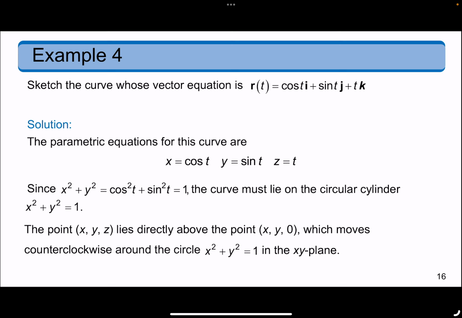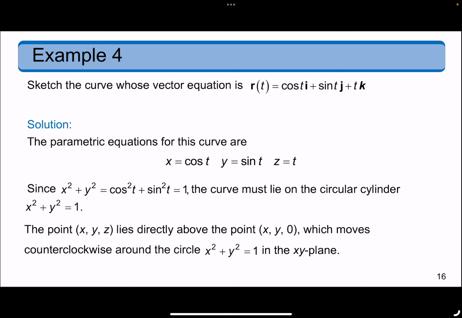Sketch the curve whose vector equation is given by r of t equal to cosine t i plus sine t j plus t k. The parametric equations for this curve are given by x equal to cosine t, y equal to sine t, and z equal to t.